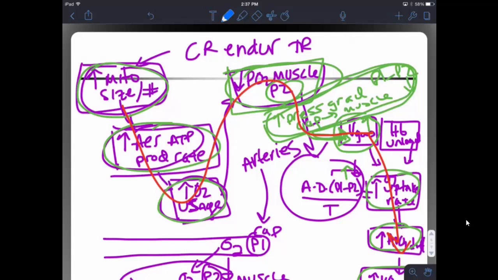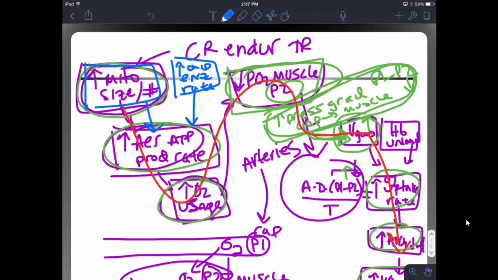So let's see, this would come in here. Increase oxidative enzyme rate would come in here. Okay? And so their effect at this point is going to overlap.